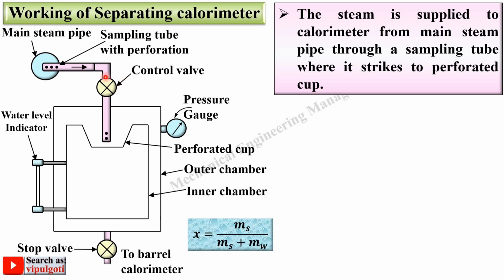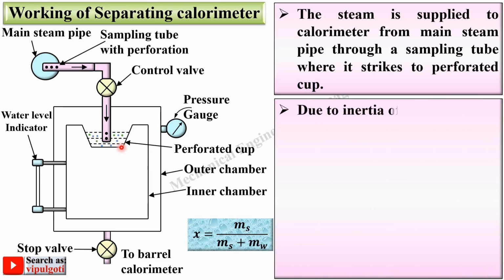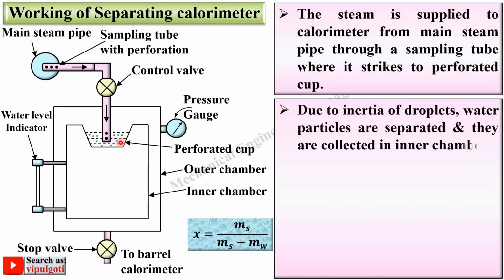So this is the perforated cup, and here the steam will strike. Due to the inertia of the droplets, water particles are separated and they are collected in the inner chamber, because this is the perforated cup. So the water particles are collected over here.